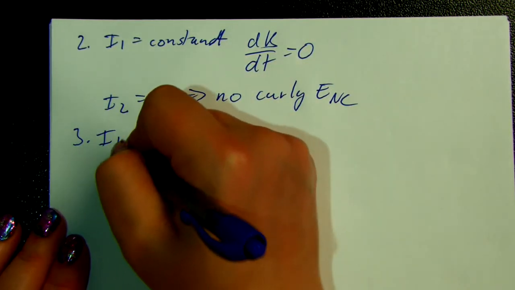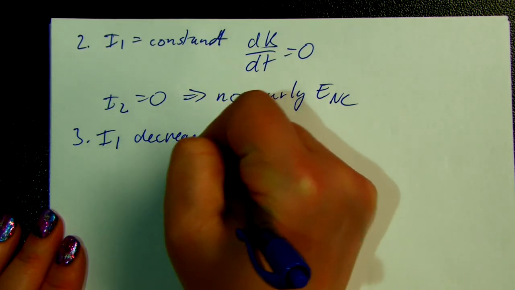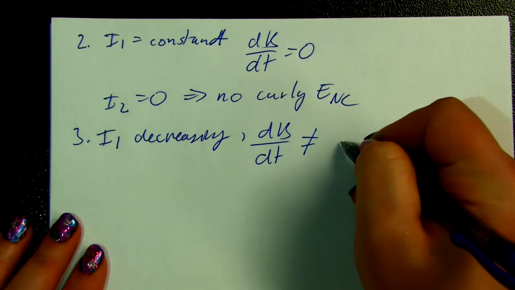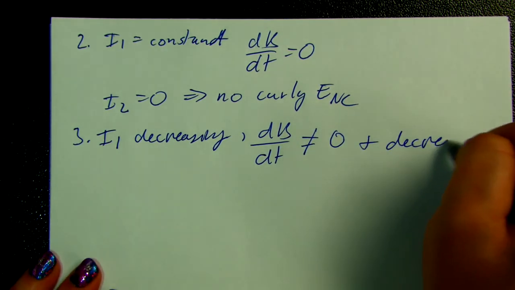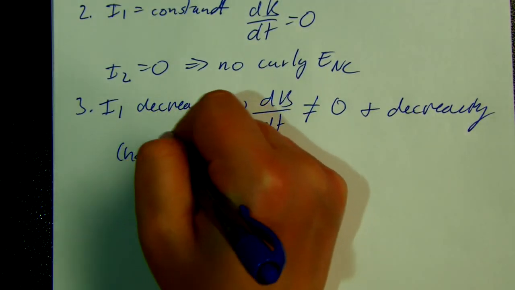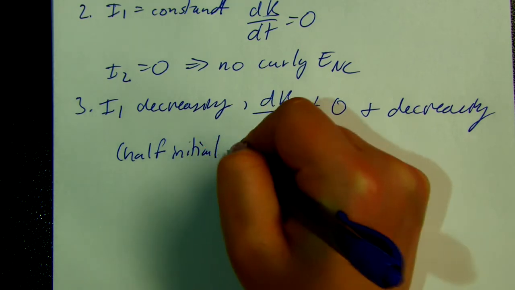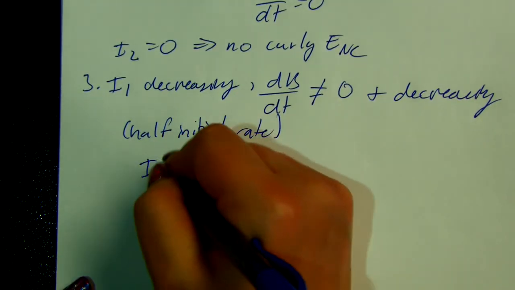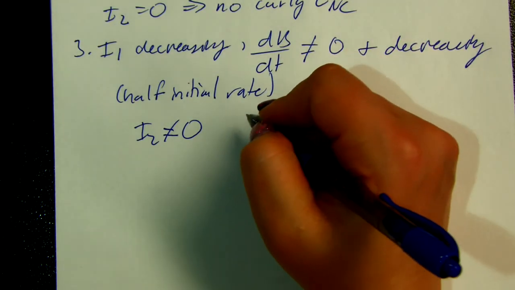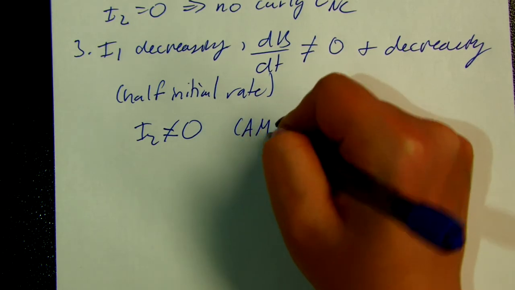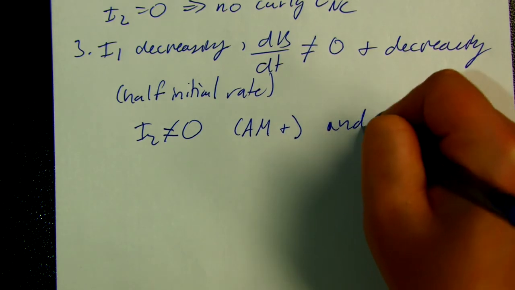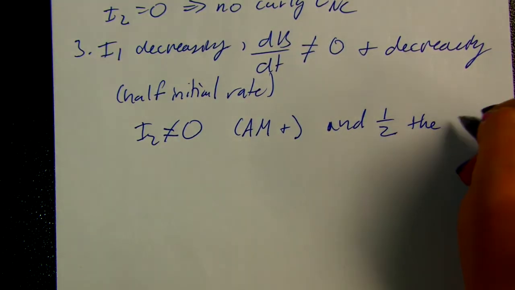Now let's say I1 is decreasing. Thus, the time-varying magnetic field is non-zero and also decreasing. So let's say it's at half the initial rate. Then I2 is also non-zero, and the ammeter will read a positive, and you'll get a reading that was 1/2 the initial.